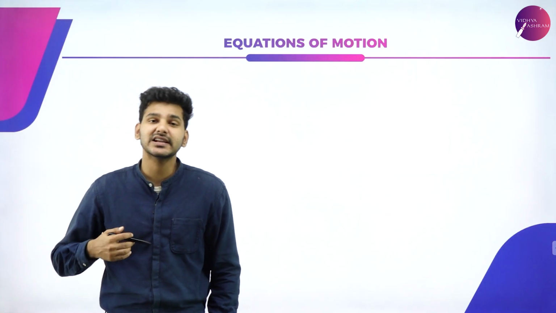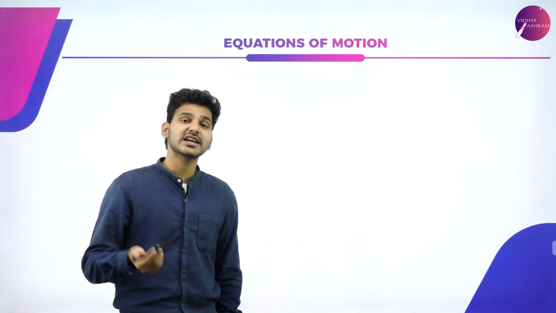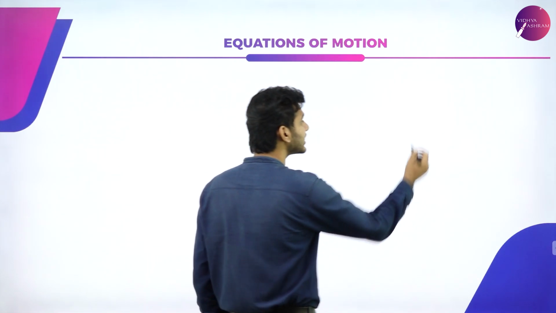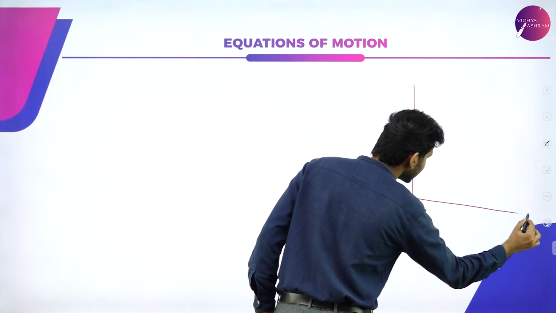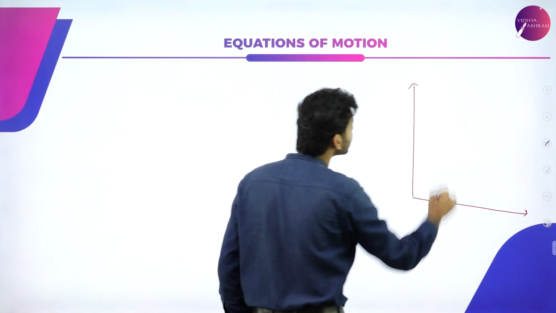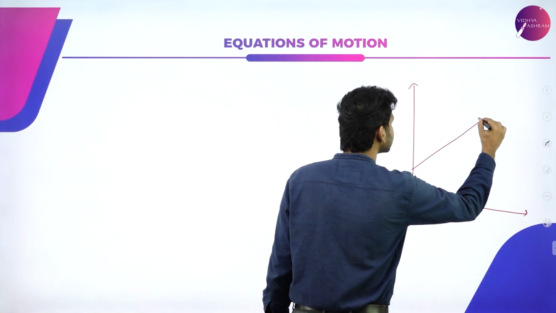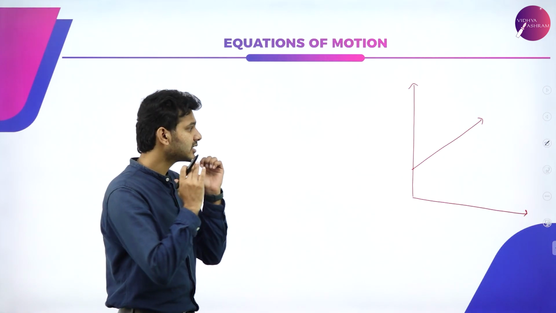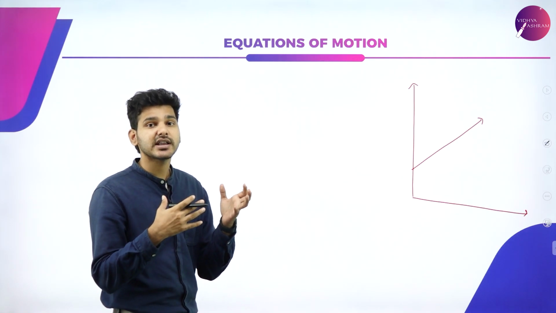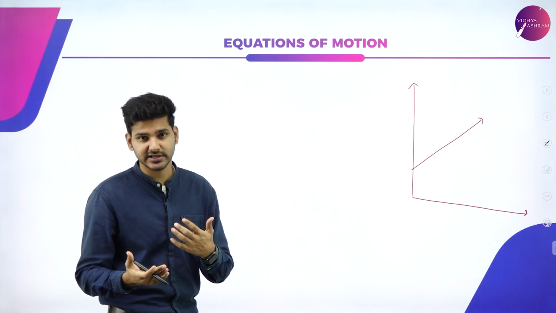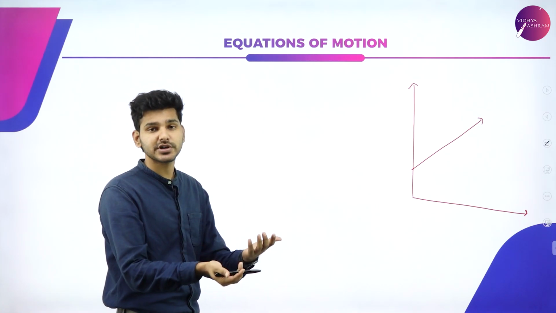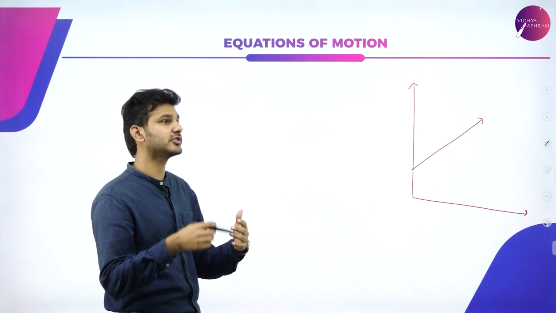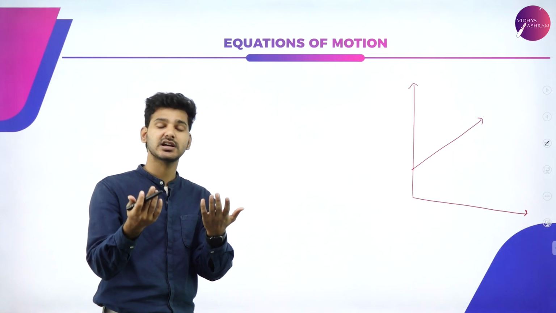So there are several equations of motion which connect various quantities with each other. That is, if I have a particular graph like this, let's say this is the nature of the velocity time graph, which means that some object is starting with a non-zero velocity. That is, when I start that particular object, if I am firing a bullet or throwing something which already has some motion.